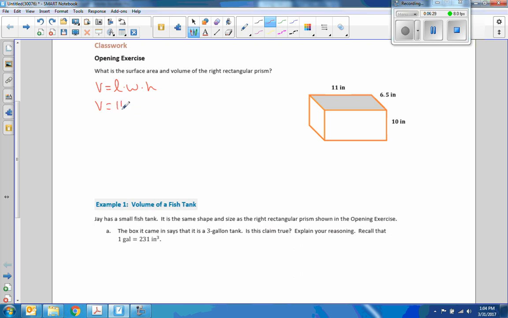Length is 11 inches, and we're going to multiply that by the width. Width is 6.5 inches, times the height, which is 10 inches. So the volume equals 11 times 6.5 times 10.